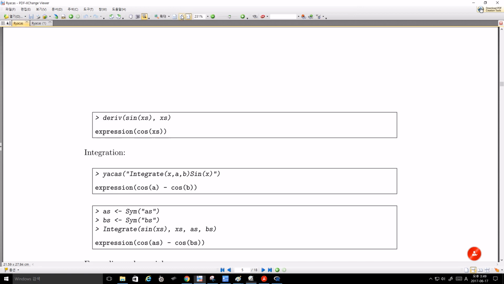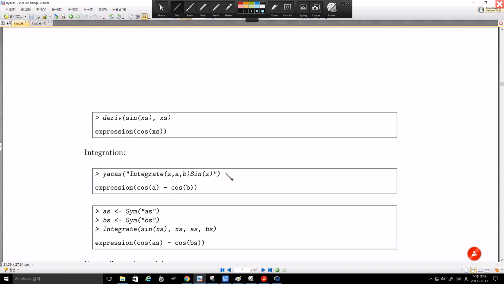So this basically means integrate with respect to x. Sorry, it is not true. It means integrate with respect to x, so it is dx, and ab from a to b, and which function we want to integrate, sine x dx.